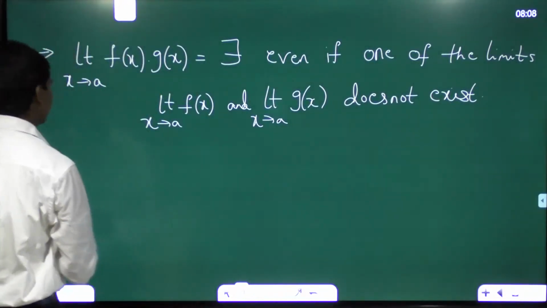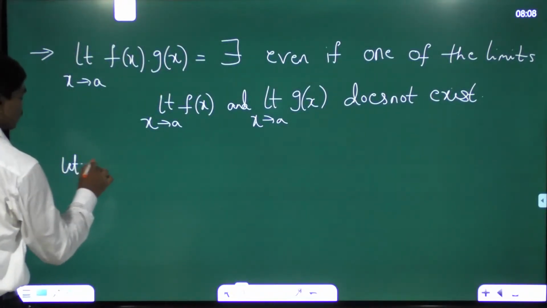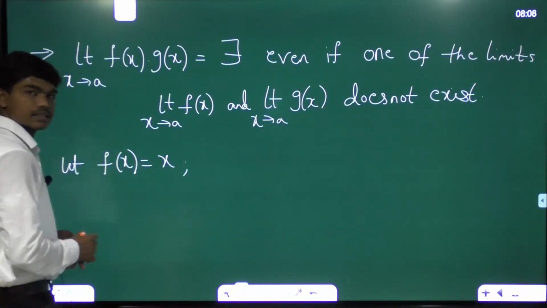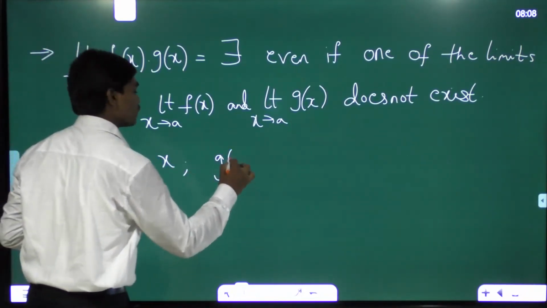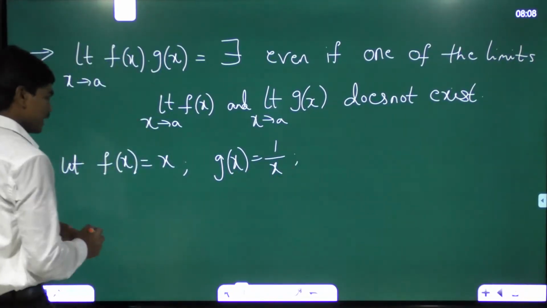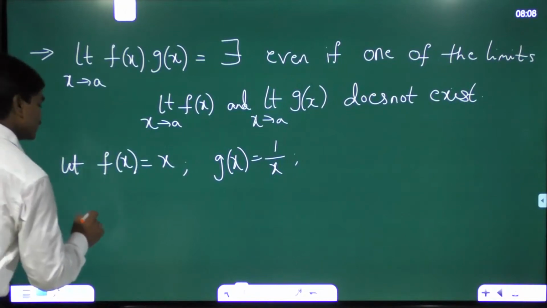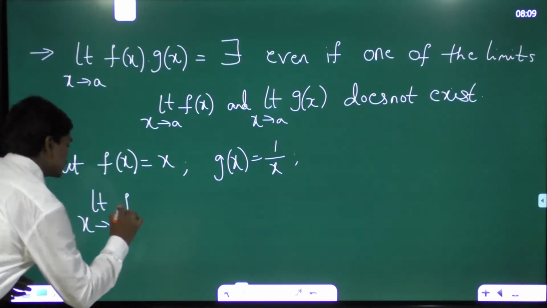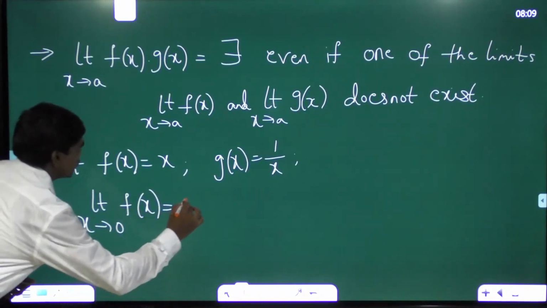For example, let f of x is equal to x, correct? And g of x is equal to 1 by x. Now, if I calculate the limit at point 0, we have limit x tends to 0, f of x is equal to 0.